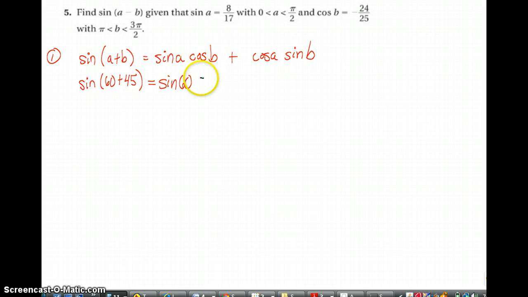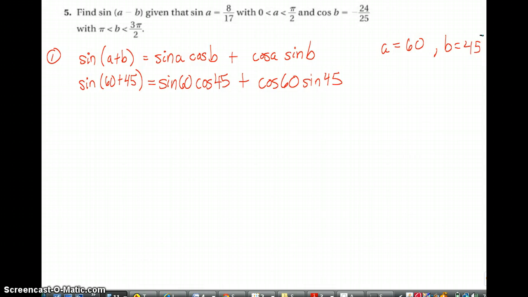Now A is 60, so we have the sine of 60, B is 45, thus the cosine of 45. And why don't we in fact write that down? A here is 60 and B is 45.